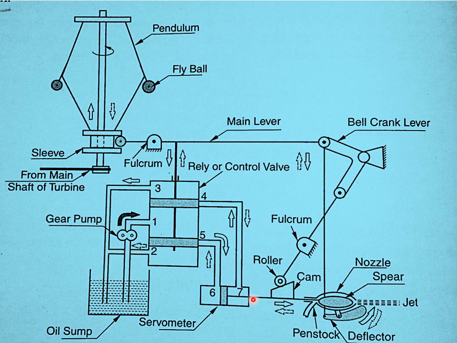So when this piston moves in the backward direction, the spear also moves backward and it increases the area of the nozzle from this portion, and it also increases the rate of flow or discharge, and a large quantity of water strikes the turbine runner, and the speed of the turbine runner is restored to the normal value.